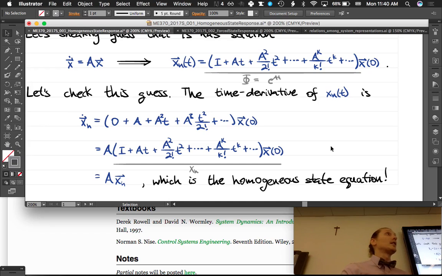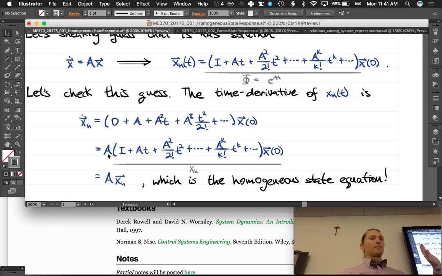Yes? So the second equation is the integration. This one here? Yeah. All I'm doing here is factoring out A. So in this term here, notice that every term other than the 0 has an A in it, right? Left multiplying. So we can factor out that A from every term.